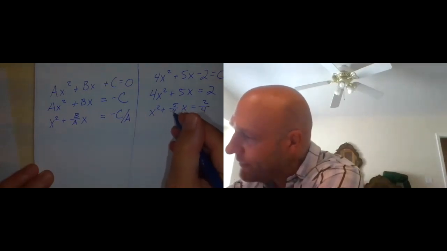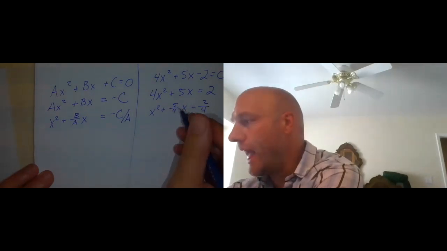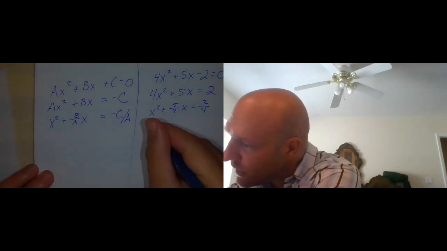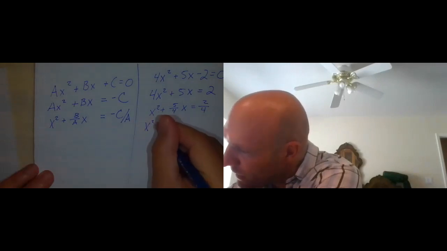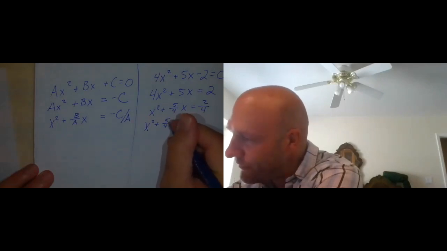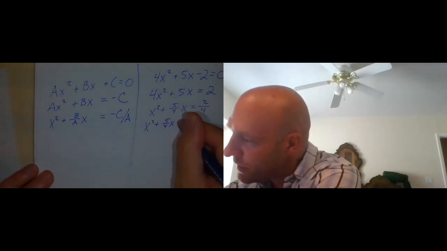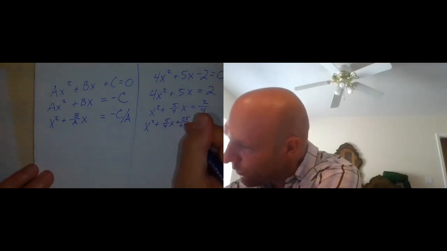I take half of this, which is 5 over 8, or 2 times 4, and square it. So here goes x squared plus that same 5 over 4x. Half of this is 5 over 8, and that squared is 25 over 64.